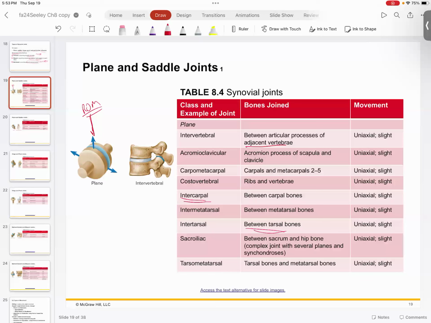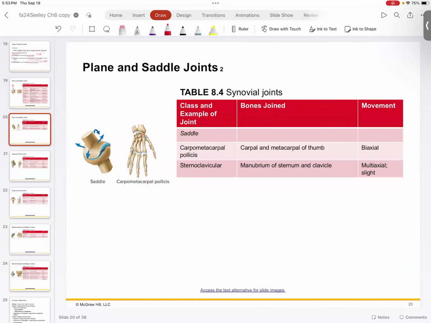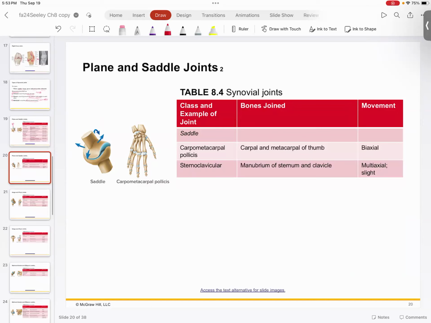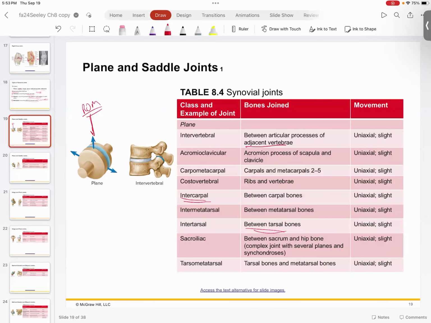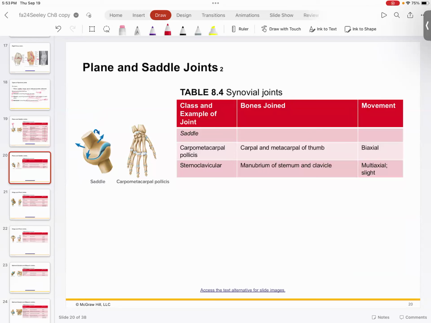As you bend your foot, the tarsal bones are moving relative to each other in a uniaxial plane type of scenario. Usually it's very slight. Notice the common term here. All of these are one direction, but they're slight, right? So typically you're not getting a lot of motion out of any one plane joint. You usually have to have a series of them together.